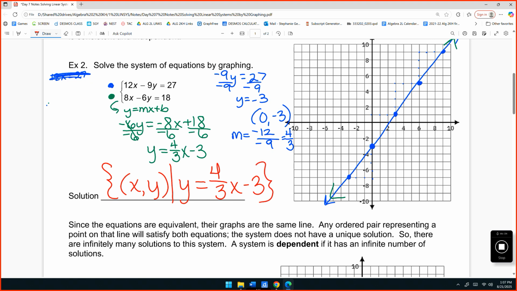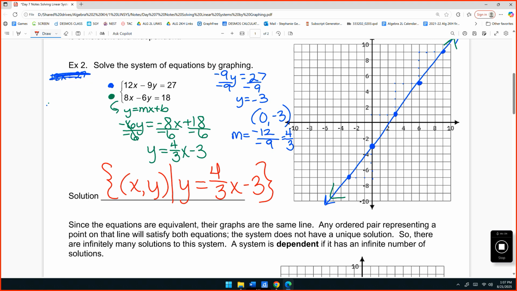That is how I say what those solutions are. They're all the points x, y such that y is equal to 4/3 x minus 3. Okay? So anytime you have this, you do this exact same thing. You just write the equation of the line in this part.